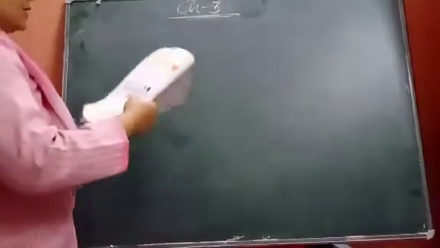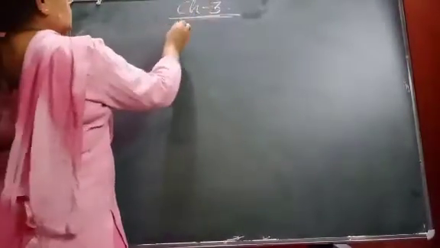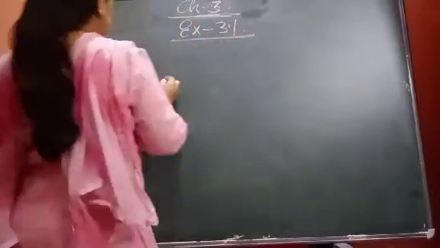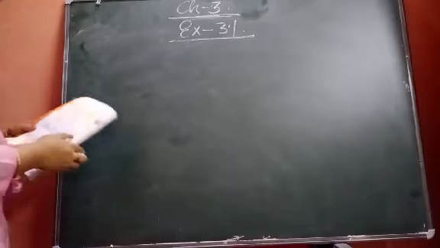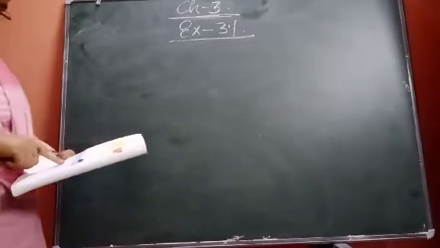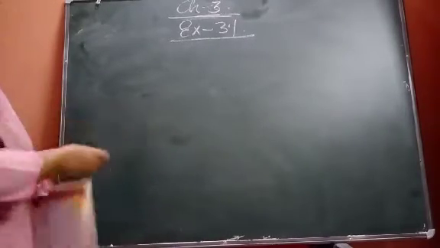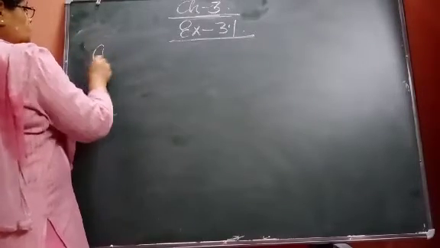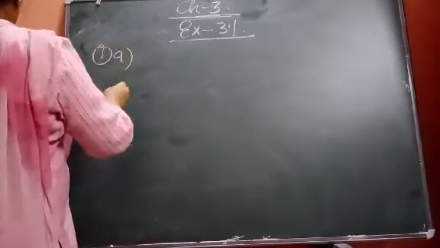Come to exercise 3.1 now. In this exercise we have questions based on the divisibility test. First question: test whether the following numbers are divisible by 5 or not. See what the first question is. A part, 2025.